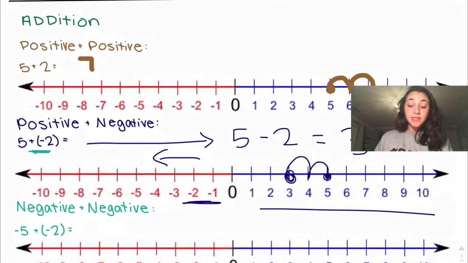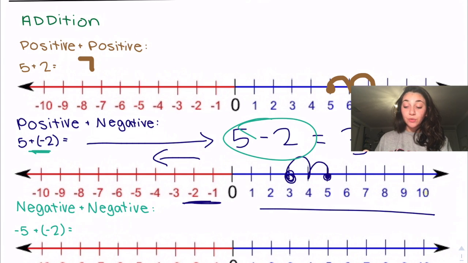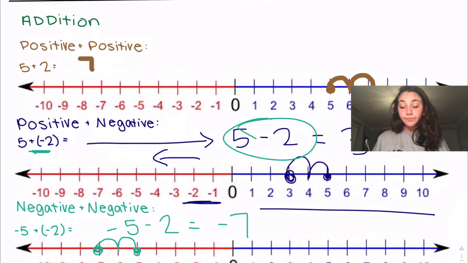Just like we did in the last one, where we ended up subtracting the 2 because we're going more left, if you're adding more negative numbers from the left side of 0, you're going to go closer to the left side of 0. So negative 5 minus 2. We're going to start at negative 5, and since we're subtracting 2, we're going to go to the left 2. So negative 5 minus 2 equals negative 7.